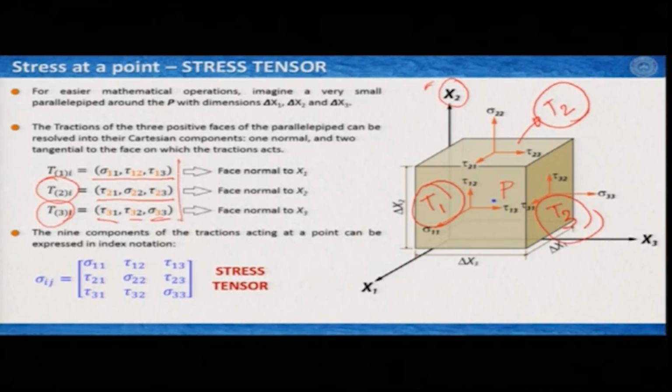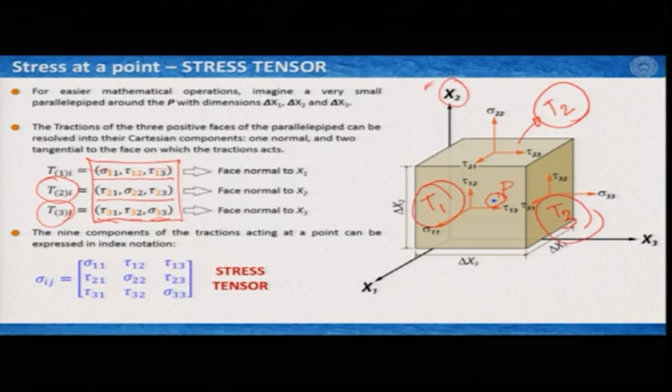Now, all these 9 components that we see here are required to define the stress at this point P. As we have understood, T1, T2 and T3 are tractions, and tractions are vectors.